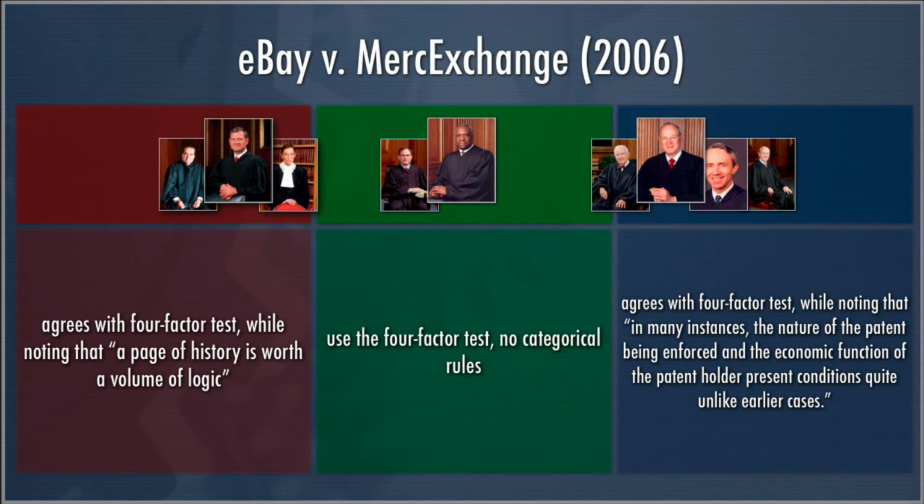And Justice Roberts writes a concurrence. The Roberts concurrence says, well, sure, you obviously use the four-factor test, and both courts should use the four-factor test. And then it says, after a little bit of analysis, that a page of history is worth a volume of logic, right? And so what does that mean?